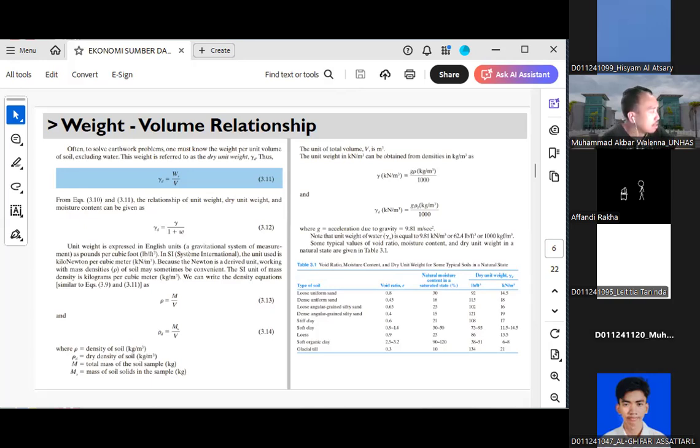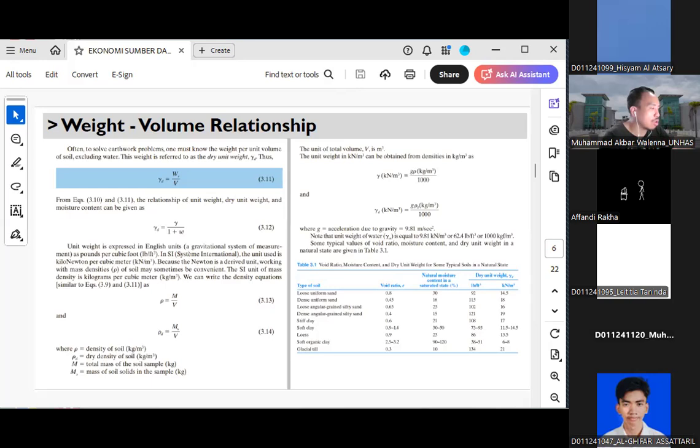Now, as you can see, there is the formula below the one that I just explained, formula 3.12. It is represented with other parameters inside the formula. The formula shows how dry unit weight, moist unit weight, and moisture content are related.